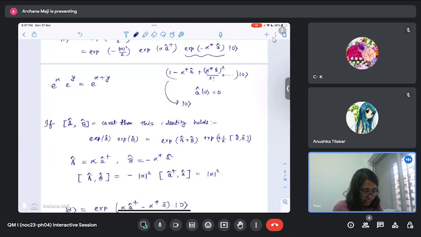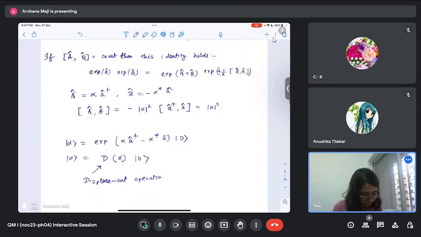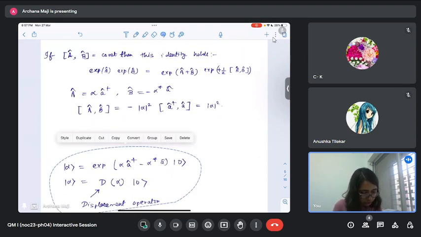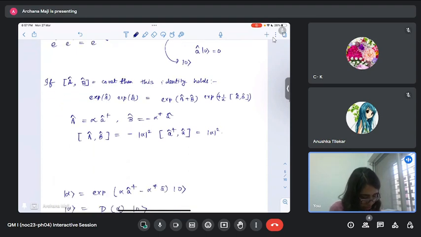So basically I'm saying that, let me just write down, therefore exponential of alpha A dagger times exponential of minus alpha star A is what?